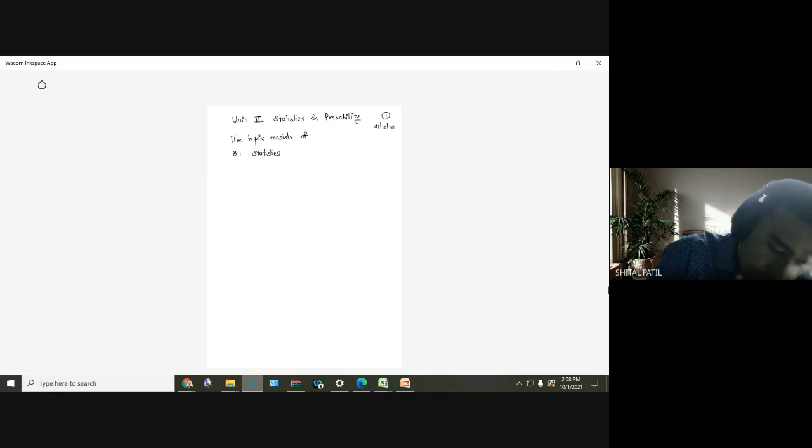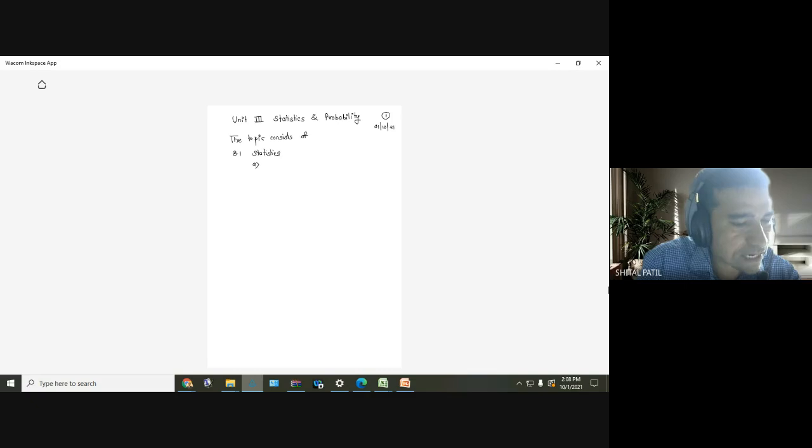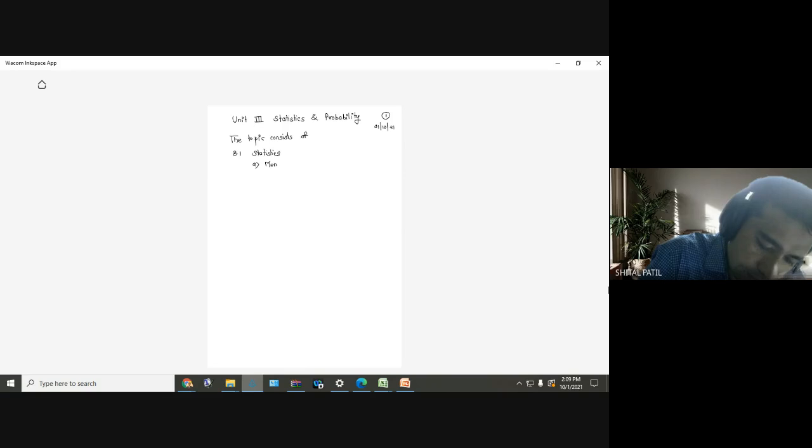Inside that, the different parts in statistics are: A part, mean, central tendency, and standard deviation.